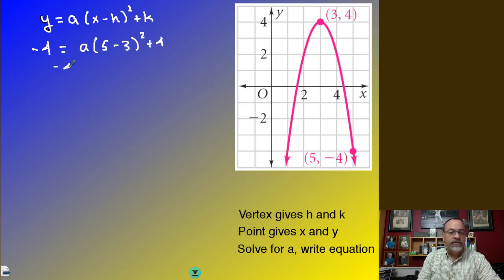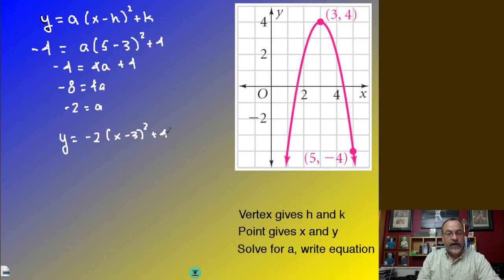I simply solve this for a now. So 5 minus 3 is 2, and 2 squared is 4, and 4 times a is 4a plus 4. So I'm going to subtract this and then divide by 4, so my a value is negative 2. So now I simply write the equation using all of the values for a and for h and for k, and then I have vertex form.